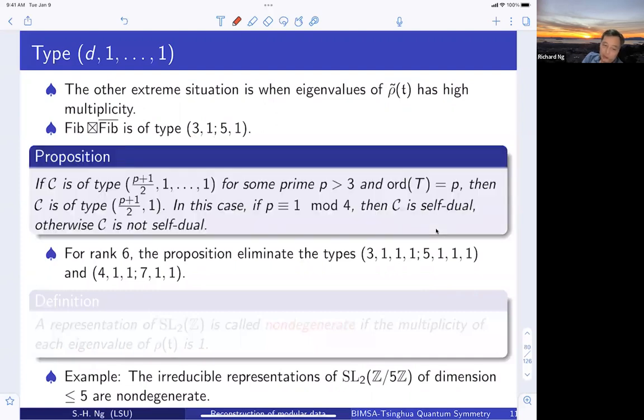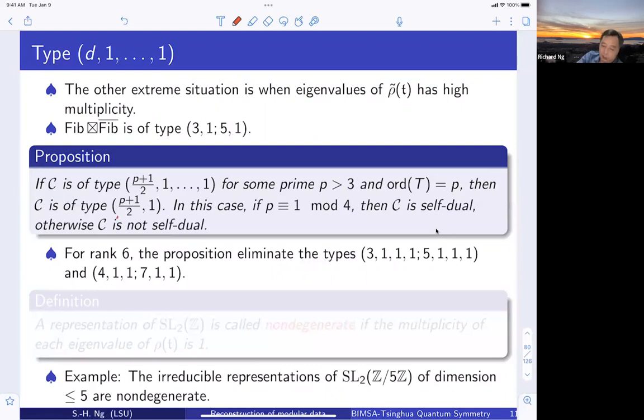What I mean is, if C is of this type in terms of dimension, (P plus 1) over 2 and a bunch of 1, and P is a prime bigger than 3, and the order of T is P, this is the result published in the paper, then C can only be of this type. That means the 1 can only repeat once.